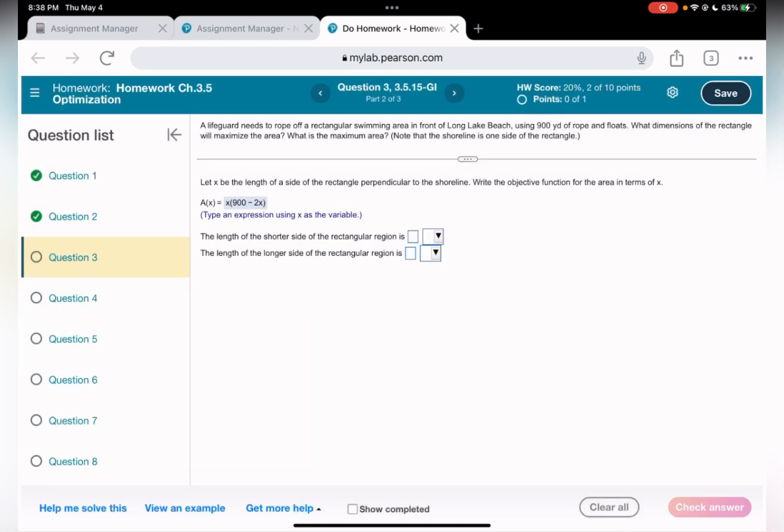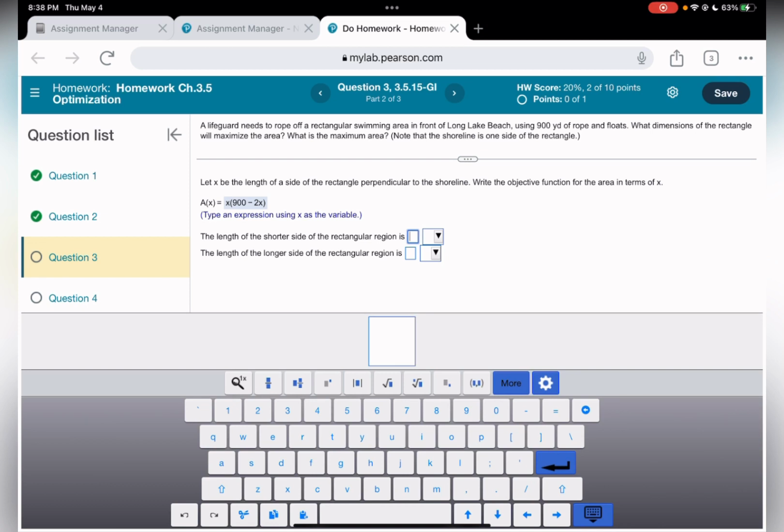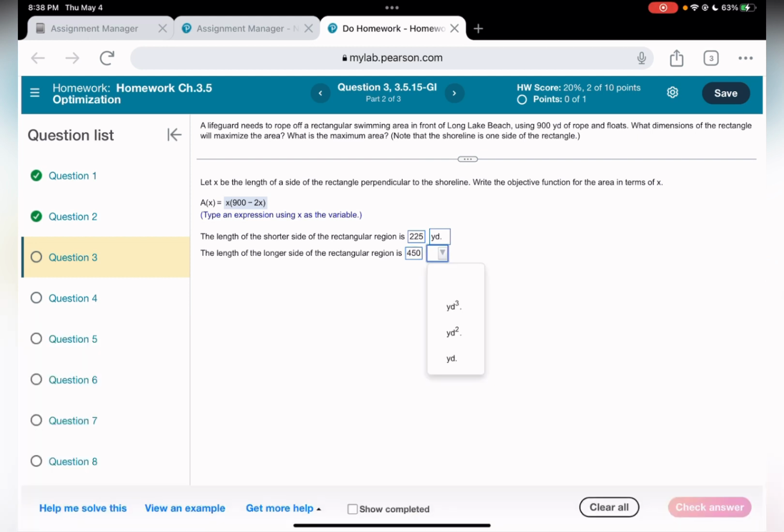Okay, next is going to be the length of the shorter side. It's going to be 225 yards. This one is going to be 450, I got. Oh, yards.